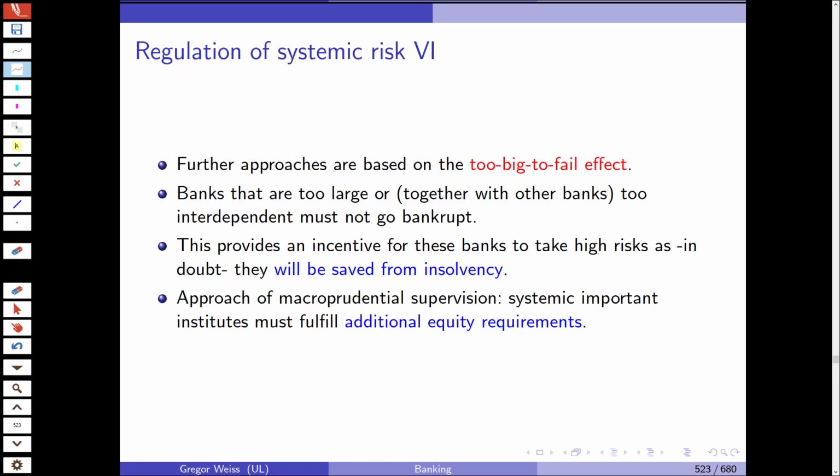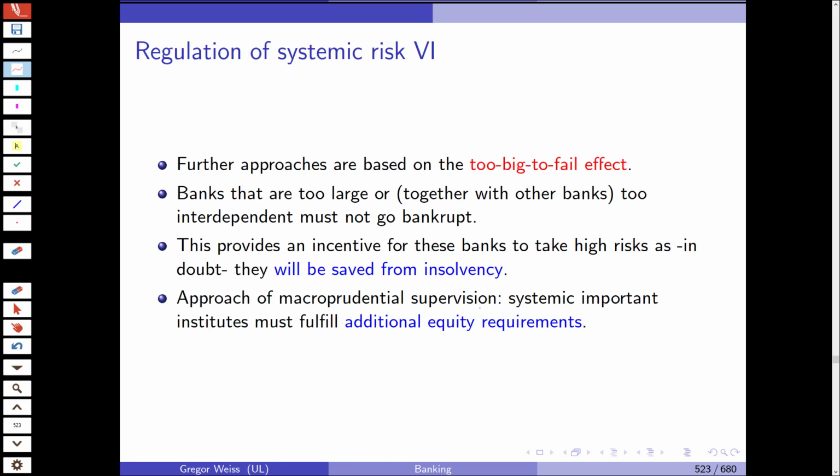They will be bailed out. So too big to fail is a huge problem because it means that, for example, in the case of Germany, Deutsche Bank knows that the German state will never let Deutsche Bank go bankrupt. So they can take on higher risk. They will exploit this fact, this implicit too big to fail guarantee.